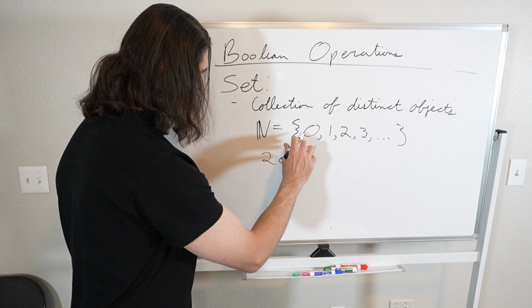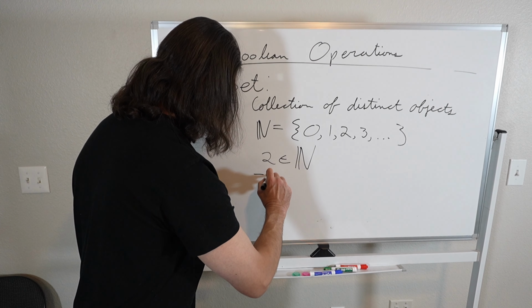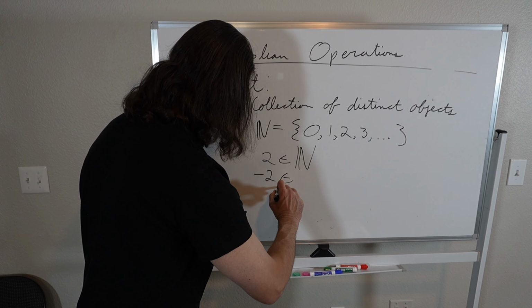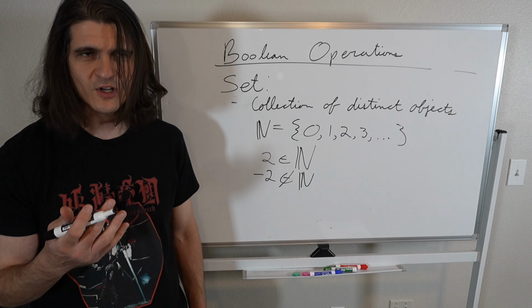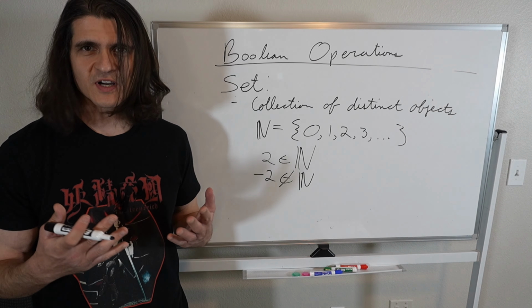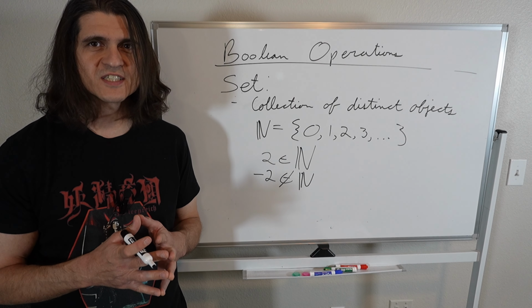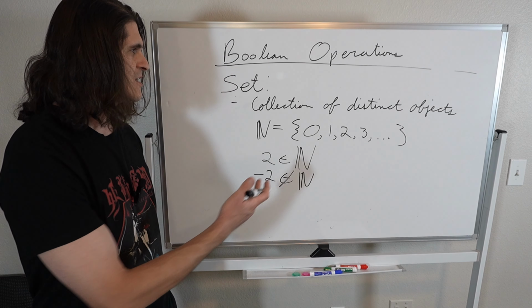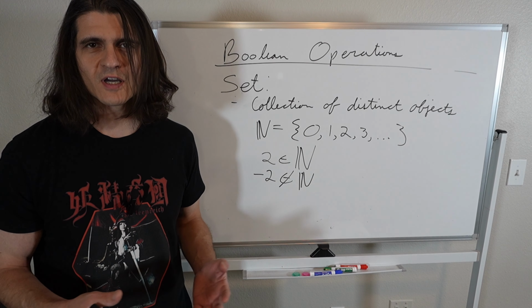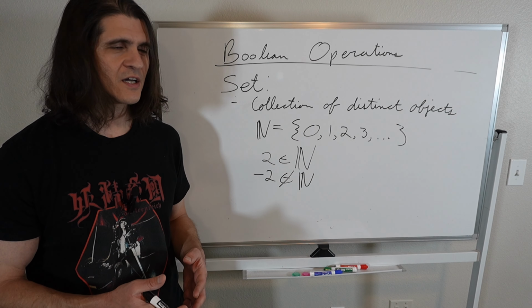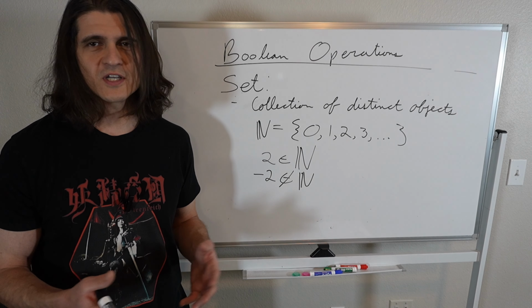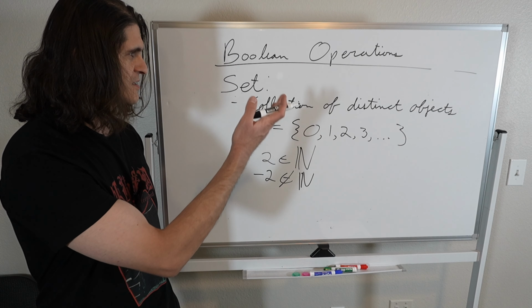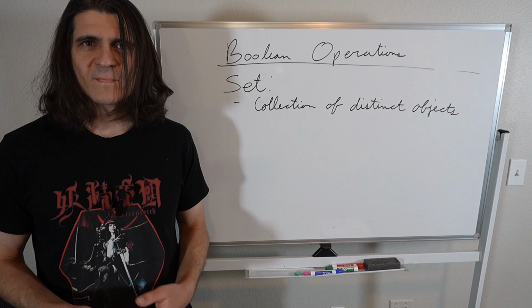However, because we're just starting at 0, I can have -2 is not a member of the natural numbers. So that's an important property of sets. Here we have numbers, but we can really have any kind of unique objects we want. We can have colors, letters of the alphabet, we can even do emojis, as long as they follow these properties.